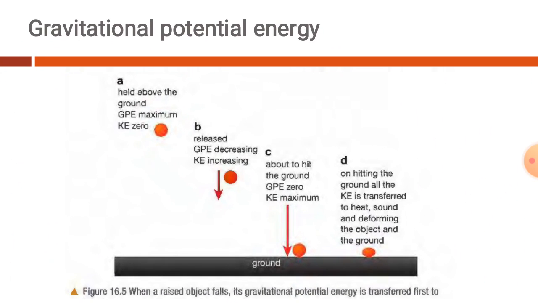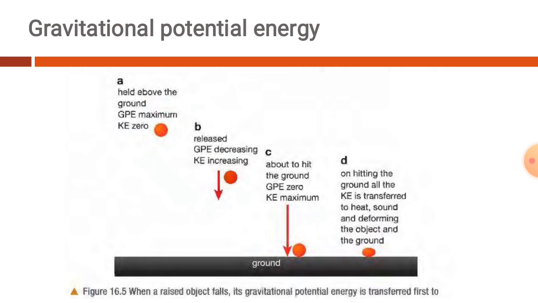Gravitational potential energy, how do we describe this again with a simple example? This is a simple illustration which gives you an idea how the energy transfers happen. I told you that when the GPE falls, that energy is converted into some other energy.